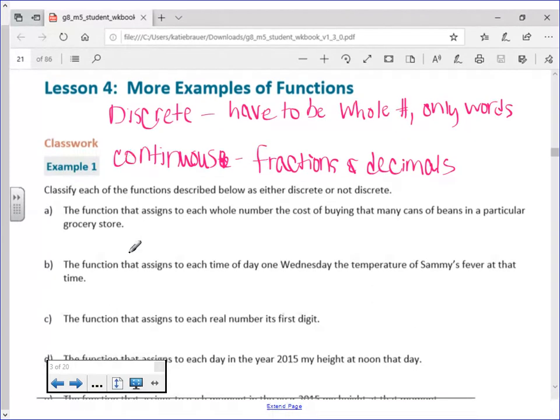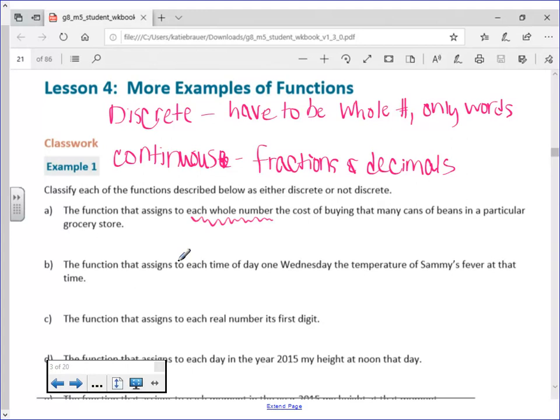So the first one says the function that assigns to each whole number the cost of buying that many cans of beans in a particular grocery store. This one tells you you have to use whole numbers. Like if you're thinking about buying a can of beans at Walmart, can you go to Walmart and go up to the people and be like, listen, I want 3.25 cans of beans.